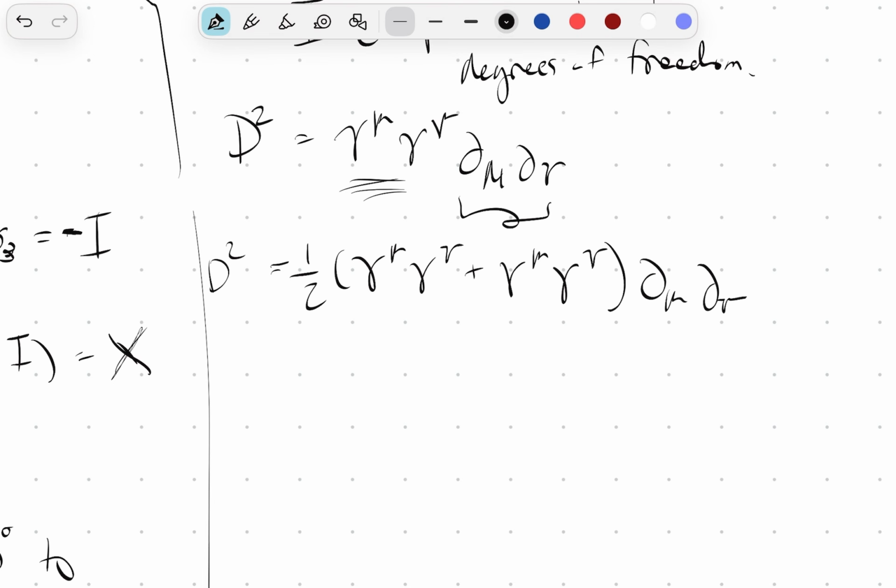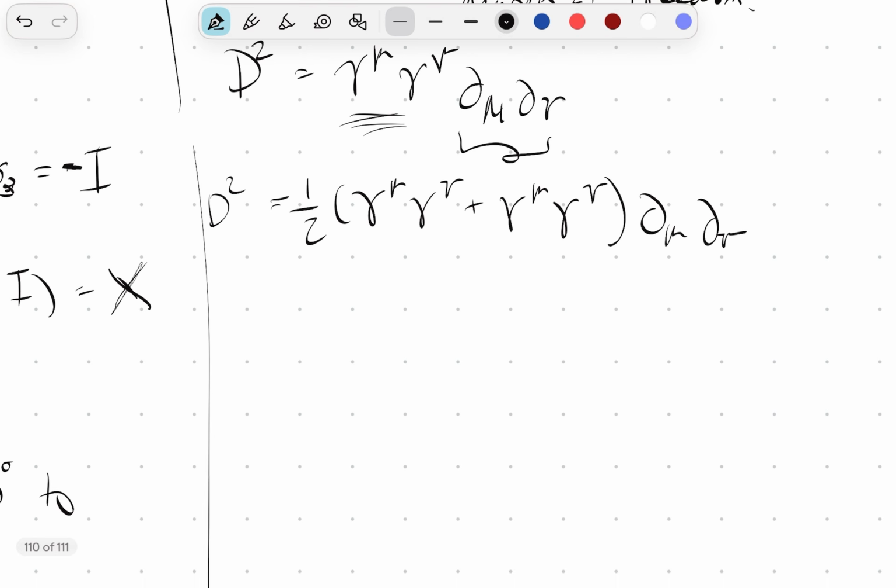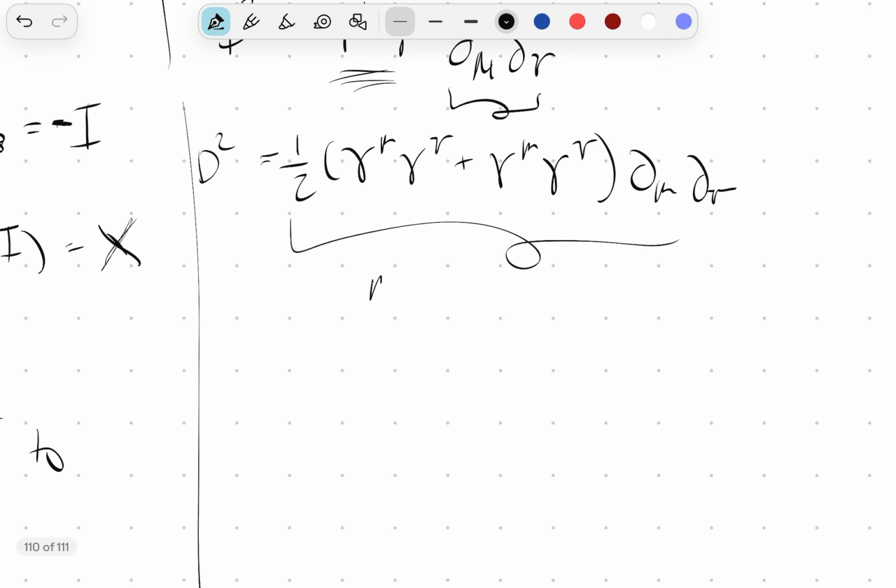Now, for this to equal this, what does this need to equal? Or this entire thing, really? We need it to equal the Minkowski metric, right? It better equal the Minkowski metric, contracted with our mu and nu indices times the identity matrix.